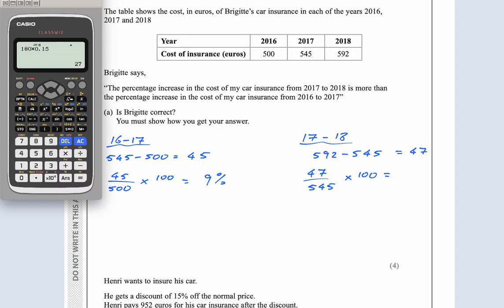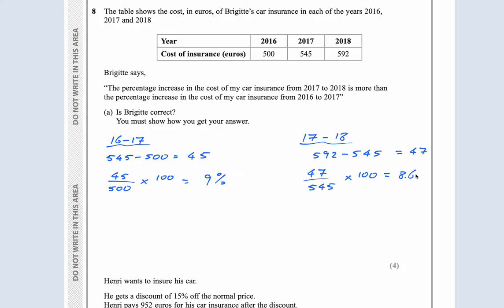Now I need my calculator. 47 over 545 multiplied by 100 is 8.62. Is she correct? No. She said it's more from 17 to 18 than 16 to 17. So, no, she's wrong. Why? As 9% is bigger than 8.62%.